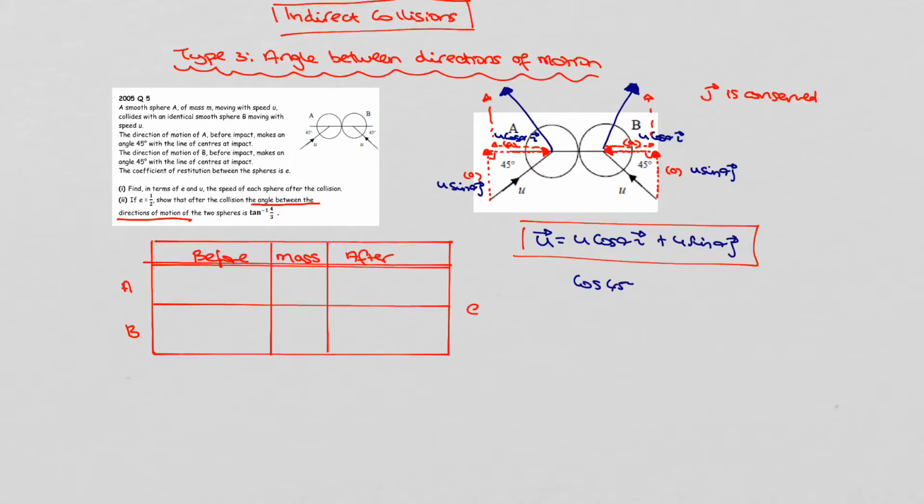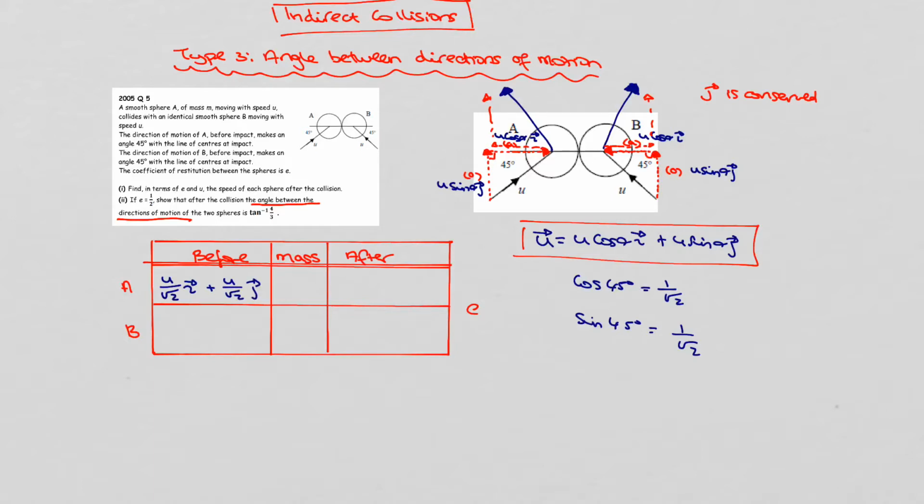So if we get cos 45 for both sphere A and B and sine 45 for both sphere A and B, it's going to be 1/√2 in both cases. So therefore, subbing in to the equation for our initial velocity, we have U over √2 in the I direction plus U over √2 in the J direction.